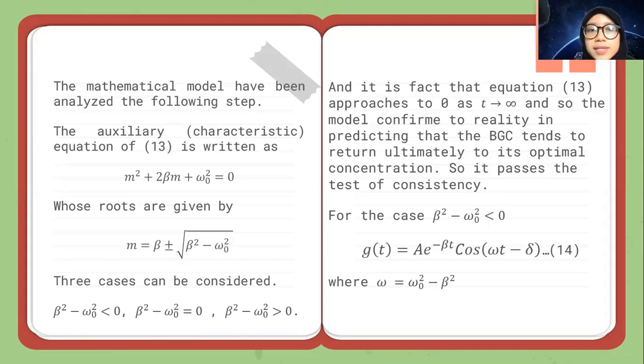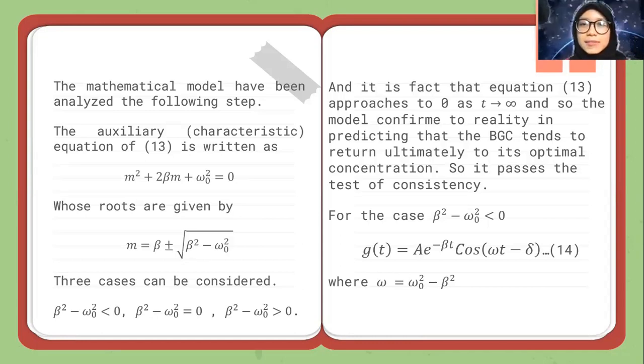Three cases can be considered: beta square minus omega 0 square smaller than 0, then beta square minus omega 0 square equals 0, and lastly beta square minus omega 0 square greater than 0.